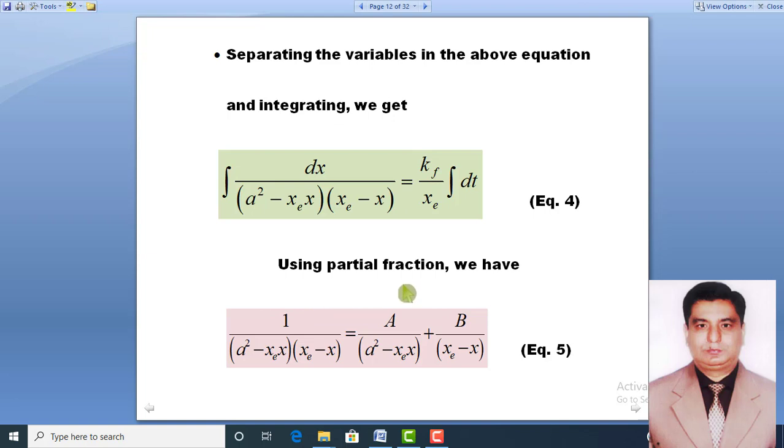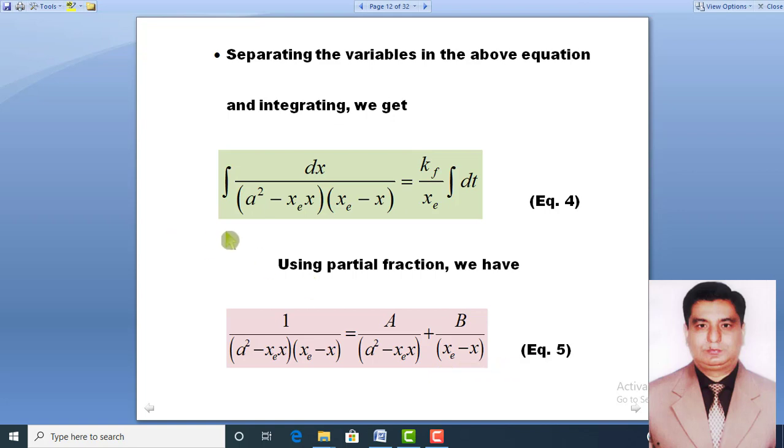If we apply the partial fraction method to the left hand side of equation number 4, it can be written as 1 over (A² minus XeX) into (Xe minus X) is equal to A over (A² minus XeX) plus B over (Xe minus X). This is equation number 5.